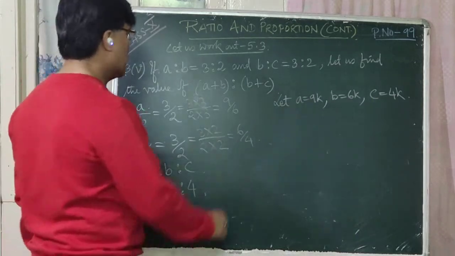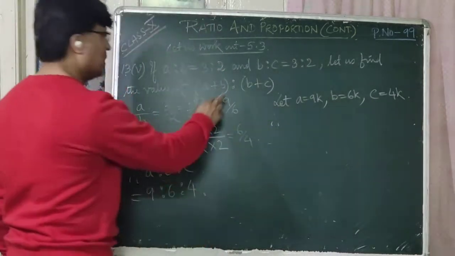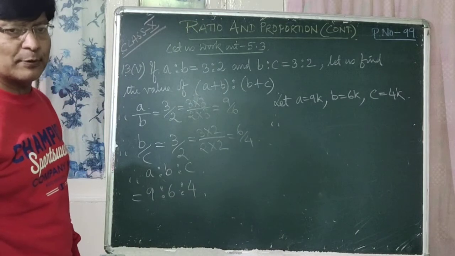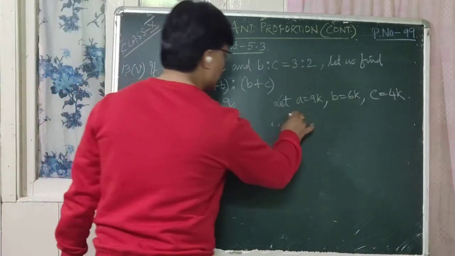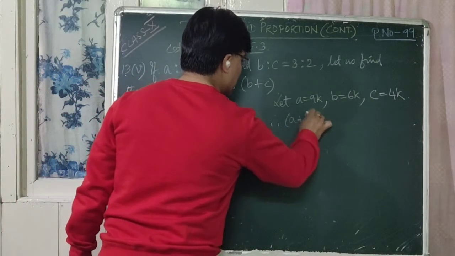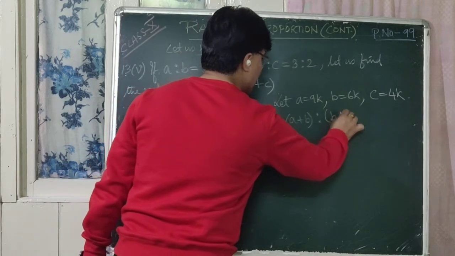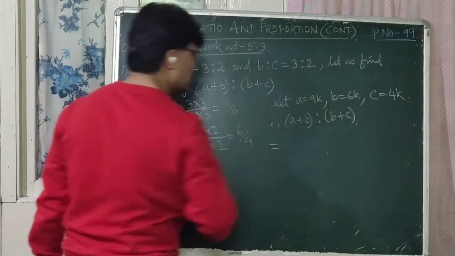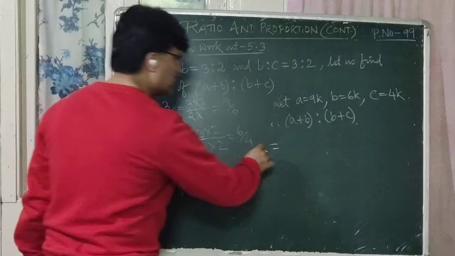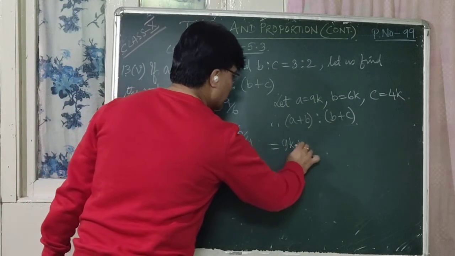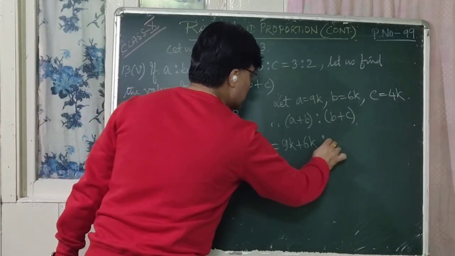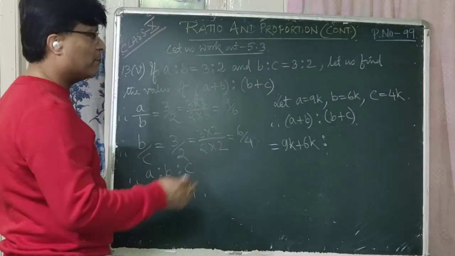Okay. So now you have to find out what a plus b is to b plus c. So let us write here a plus b is to b plus c, which is equal to, now what is a plus b? 9k plus 6k is to, what is b plus c here?